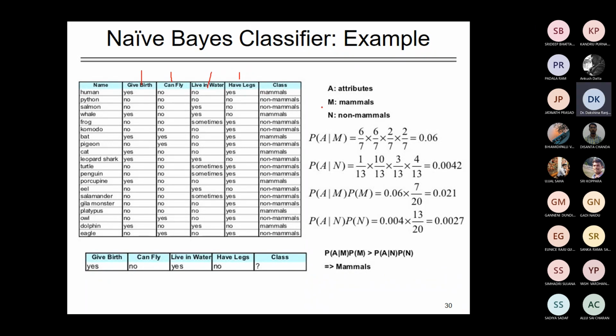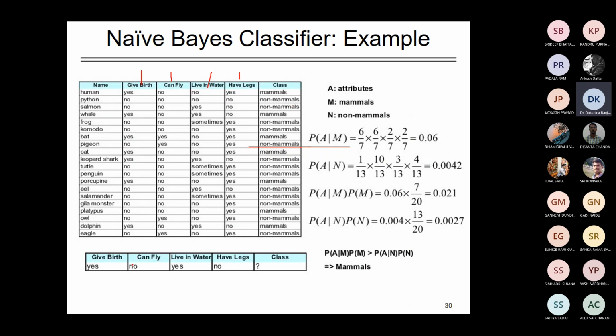So let us consider the probability estimation for the different attributes, and this independent estimation will give us the marginal probabilities, the marginal estimations. So how to get the marginal estimations? Let us first consider the mammal class.